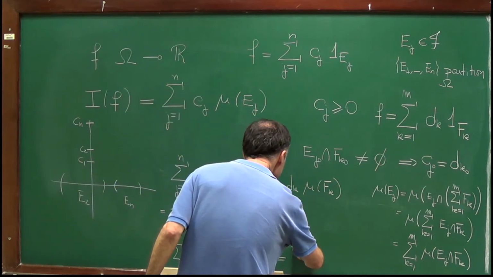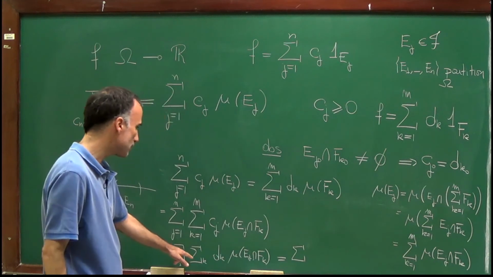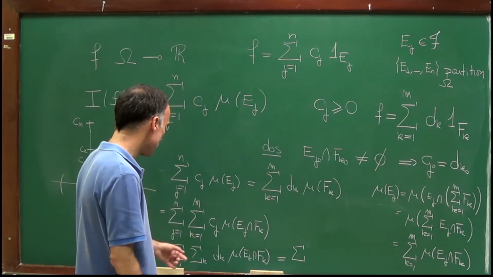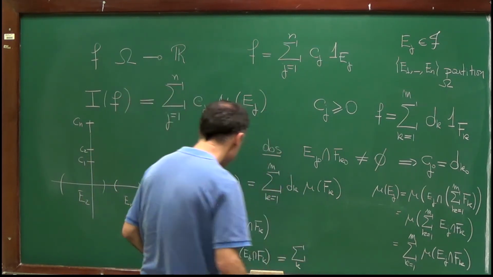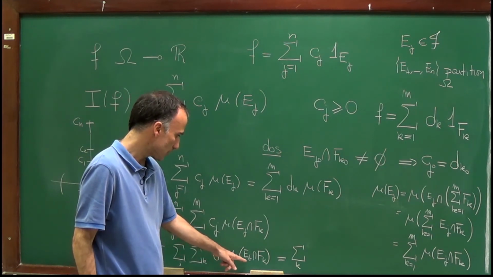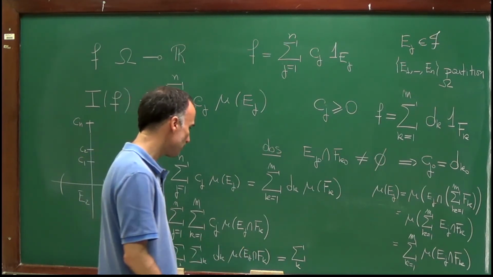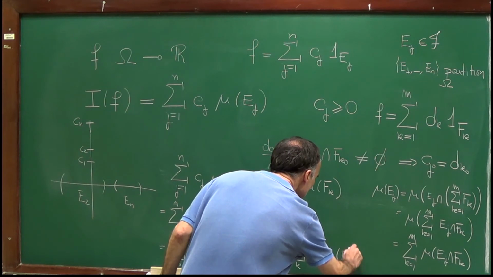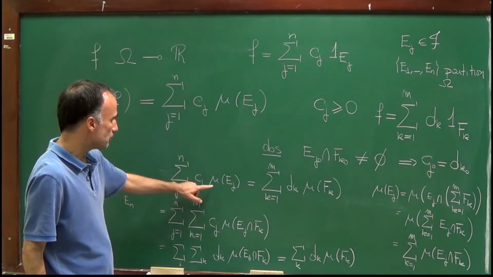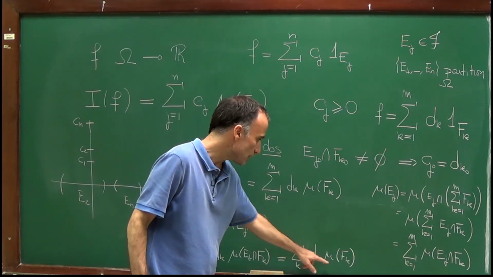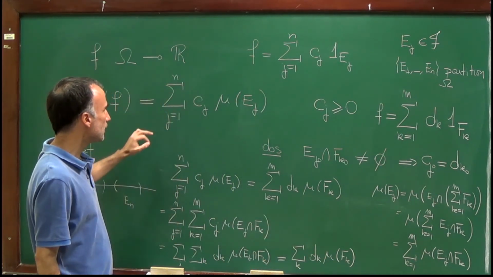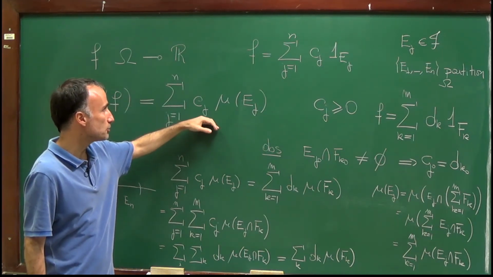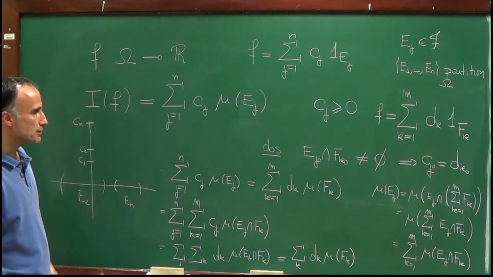These are finite sums, these are positive numbers, so I can always change the order of summation and sum first in j, and while summing in j, using the fact that Ej forms a partition, we get that this sum is equal to dk times mu of Fk, which proves that the sum of Cj mu Ej is equal to the sum in k of dk mu Fk, and therefore that the integral of a simple function is well defined by this formula because it does not depend on the representation of the simple function.